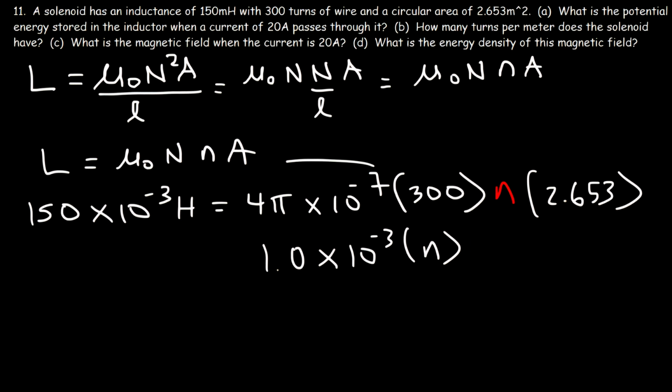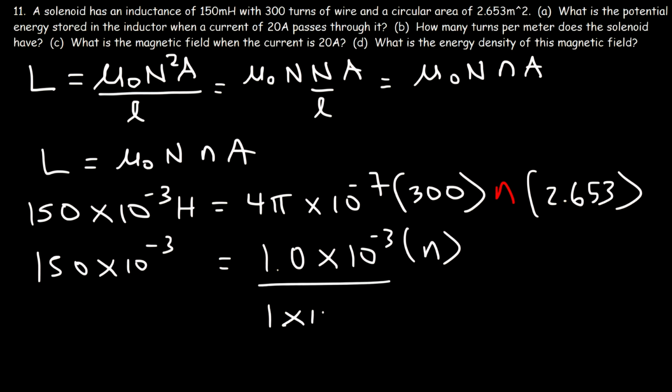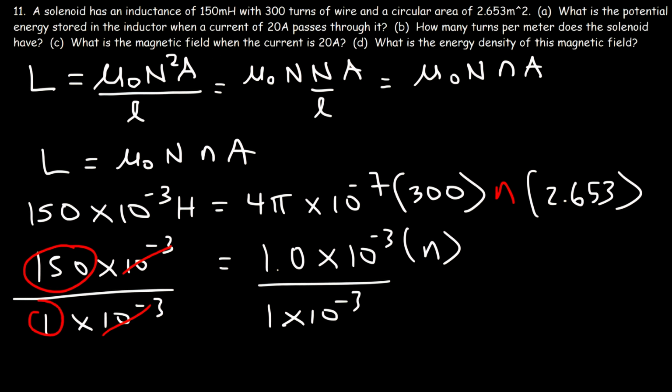Now, if you can't type in 4 pi times 10 to the minus 7 in your calculator, type in pi first and then multiply that by 4 times 10 to the minus 7. You might find that helpful. Now, let's divide both sides by 1 times 10 to the minus 3. The 10 to the minus 3's will cancel, and so it's simply 150 over 1. So lowercase n is 150. So that's how many turns there are per meter.